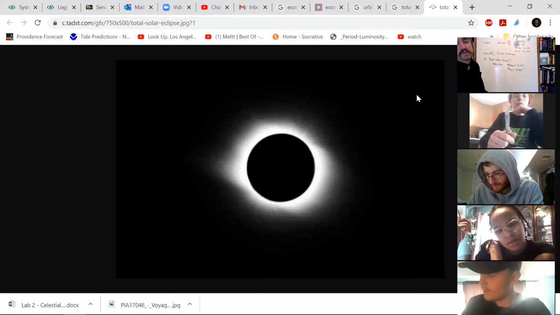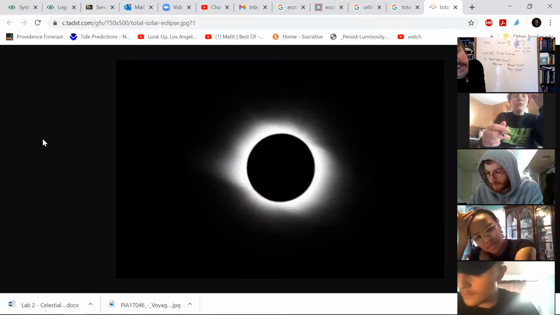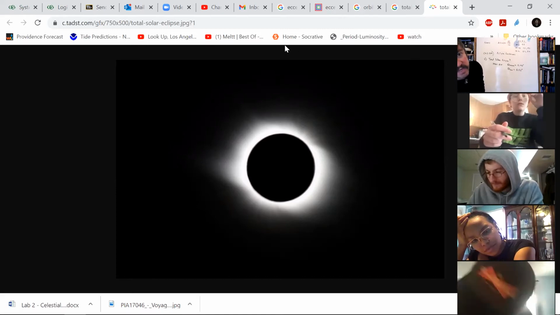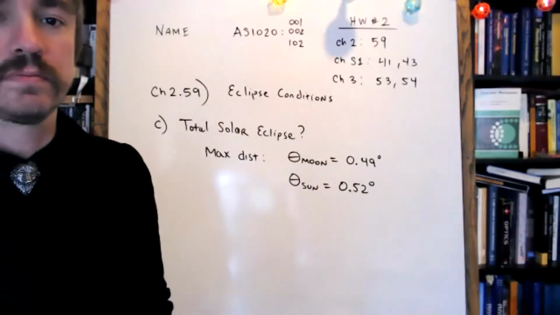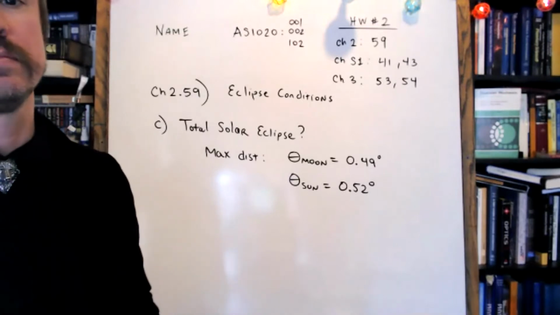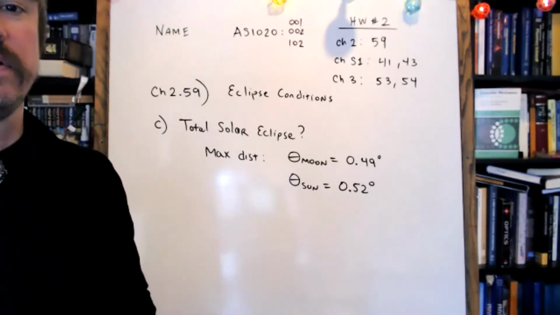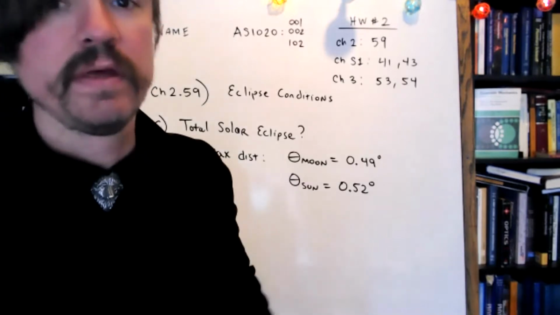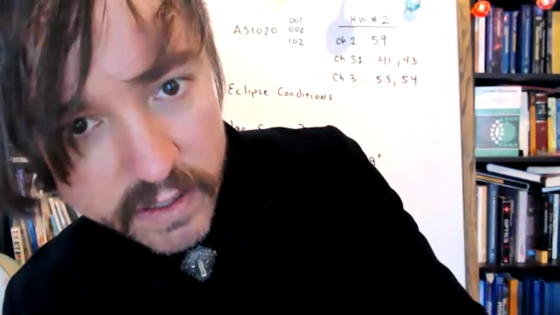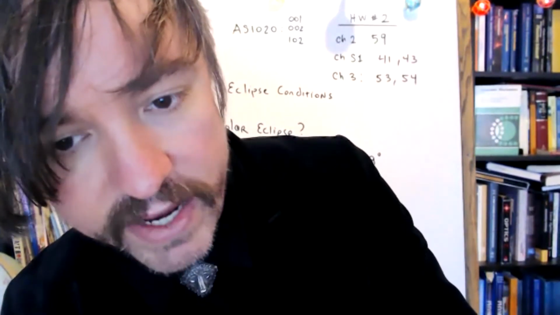So can I have a total solar eclipse when the moon and the sun are at maximum distance? What do you think? I think it might be slightly off. It would not be total. It'll just be like, I forget what you call them, the sun is partially covered by the moon, but not totally. Right. So there's two versions of that.